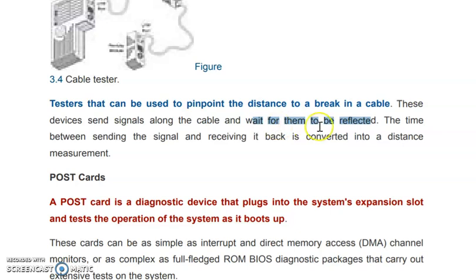It will identify the time between sending the signal and receiving it back, and convert that into a distance measurement. It uses a formula: it sends a signal, waits to see from which point it is reflected, notes the time of sending and receiving the signal, and that is converted into distance.